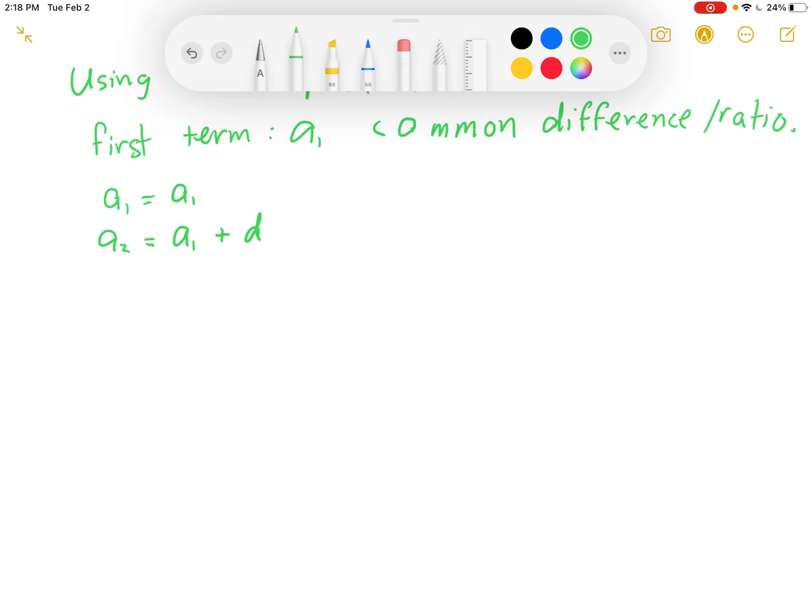Now to get to the term after that, the third term, we take our first term, the common difference from the second term, and we add one more of the common difference. To go to the next term, or the fourth term, we do the same.